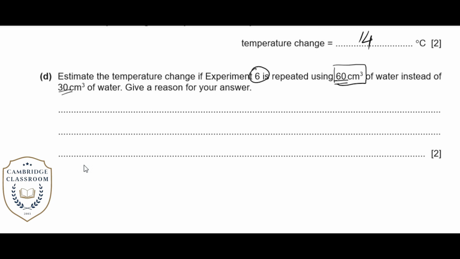As we have doubled the water, the temperature would be halved. As increasing the water would decrease the temperature. And we have actually doubled the water. So the temperature would reduce to half. So we can write that double the volume, half the temperature.